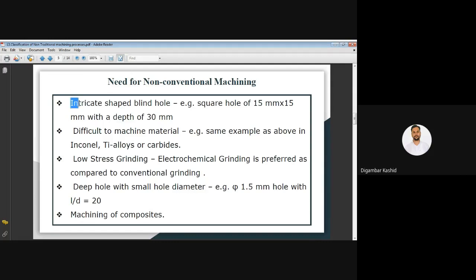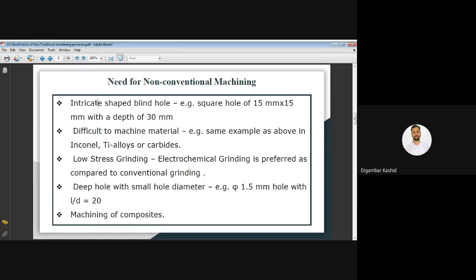On the slide, the first example is an integrated shape blind hole. For instance, if we want to drill a square hole of 10 mm by 15 mm with a depth of 30 mm, it is not possible using conventional machining. To drill this integrated shaped blind hole, we need only non-conventional or advanced machining processes.